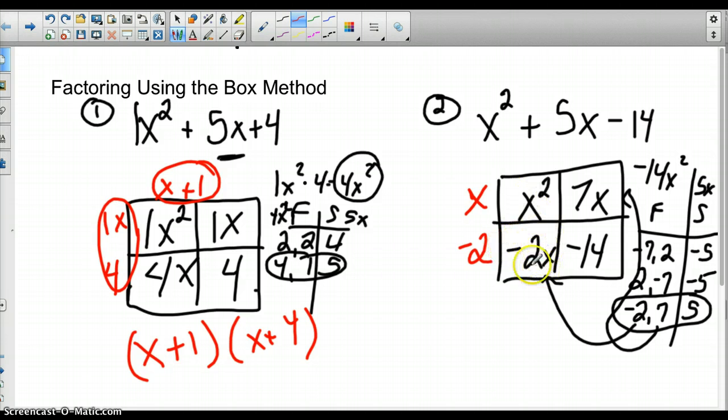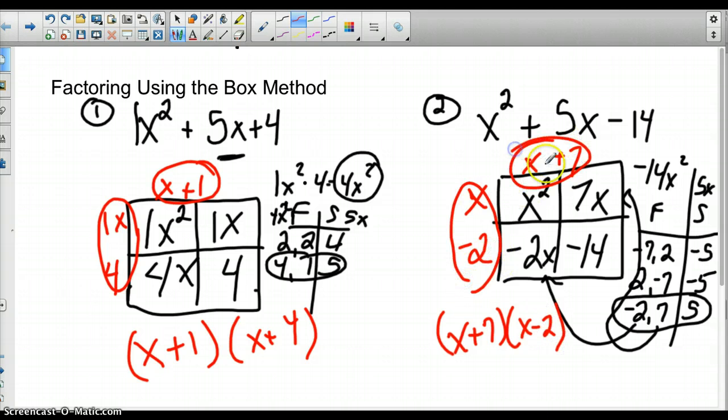Okay, do the vertical greatest common factor, which would be x, and the next vertical greatest common factor would be positive 7. So we end up with x plus 7 and x minus 2 when we take our two numbers that were outside the box. Okay, so we can do the check. We get x squared, we get negative 2x plus 7x is 5x, and 7 times negative 2 is negative 14.